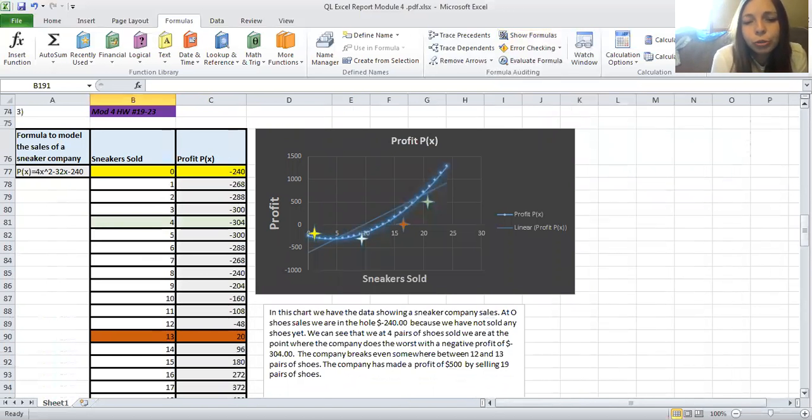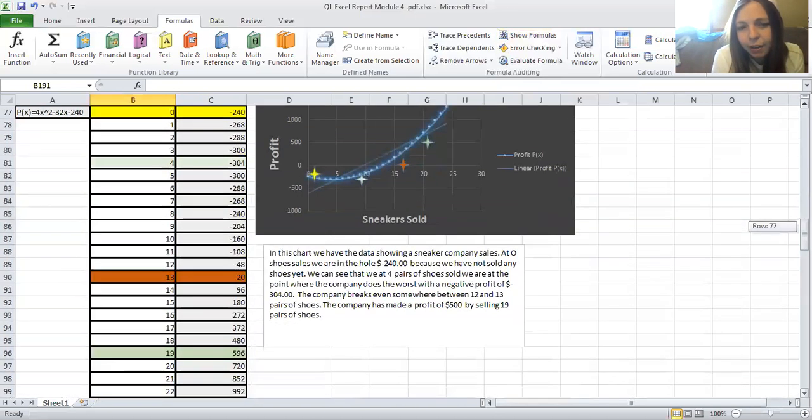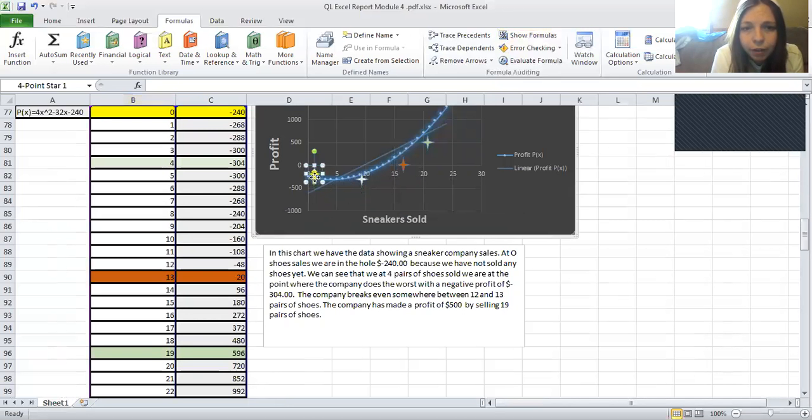At 0 shoes, we're in the hole, negative $240, because we have not sold any shoes yet. We can see that at 4 pairs of shoes, we sold at a point where the company does the worst with a negative profit of $304. And let me try to move these points. It looks like they've exited the graph a little bit.